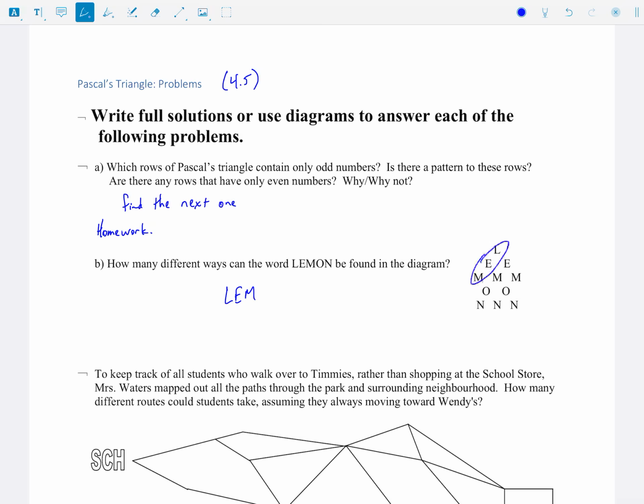So we can spell lem this way, we spell lem this way, you can spell lem this way, and you can spell lem this way. You see that there was one way to get to this M, 2 ways to get to this M, and 1 way to get to this M. 1, 2, 1. So total, there were 4 ways we could spell lem.